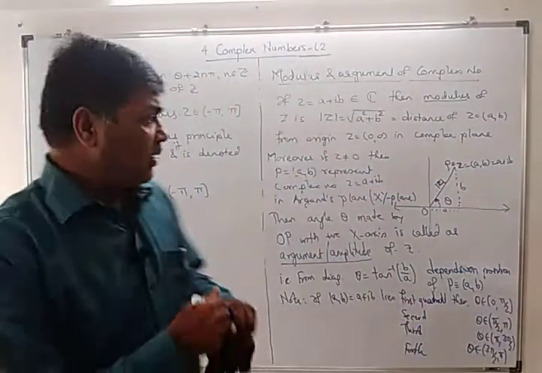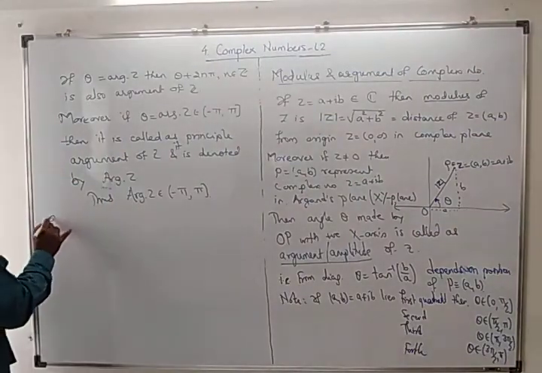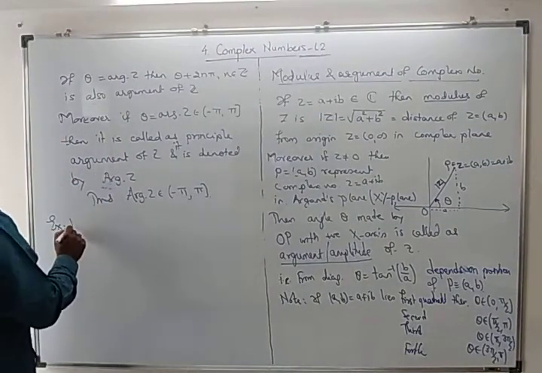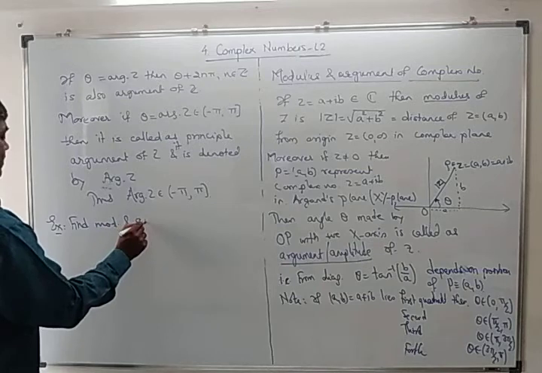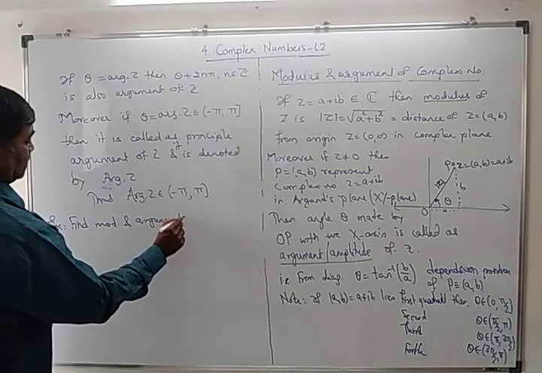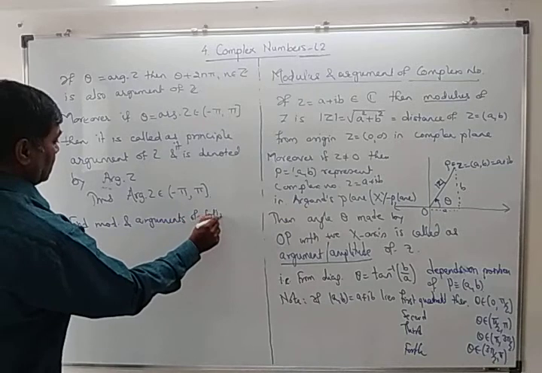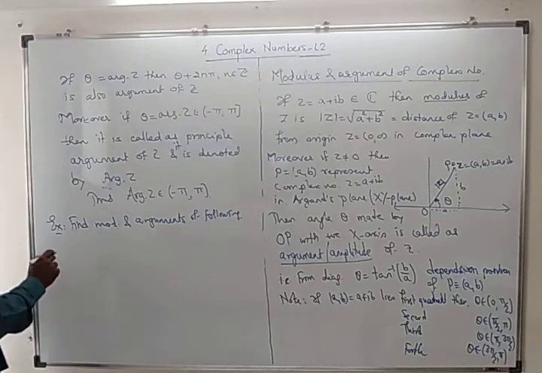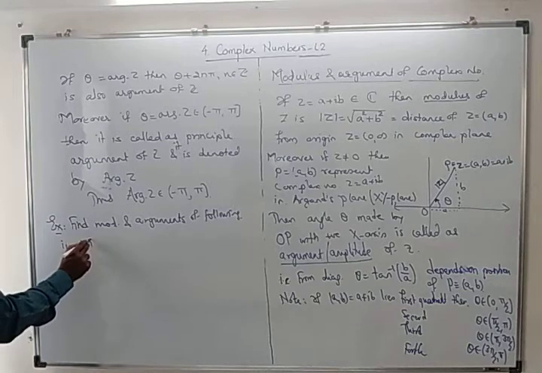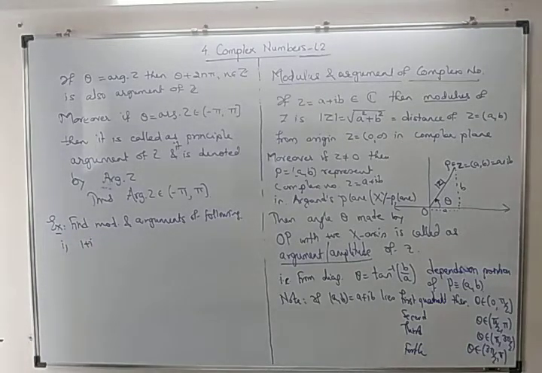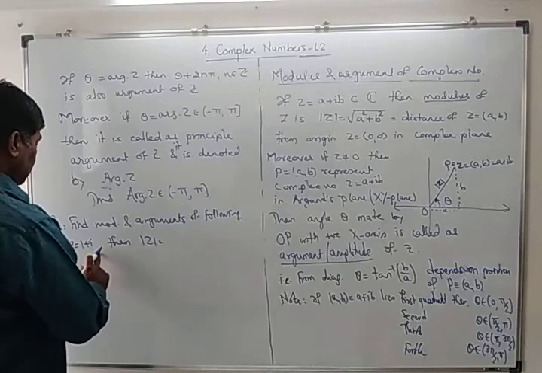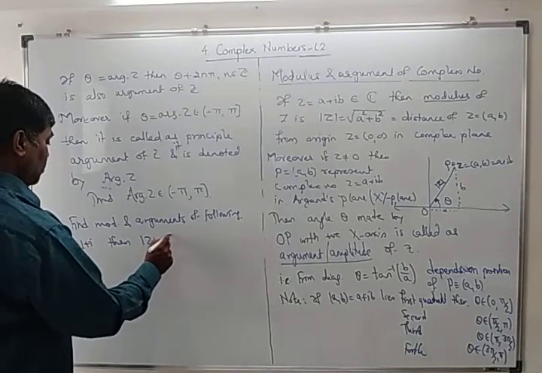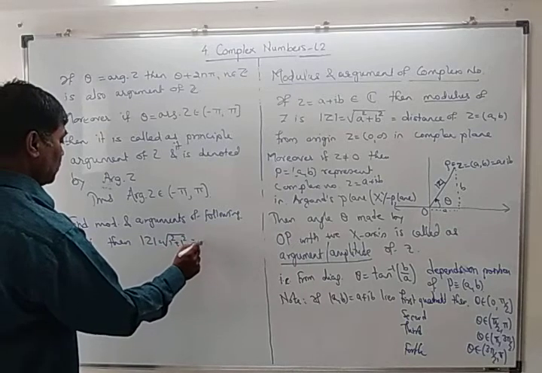We'll take an example. Find the modulus and arguments of the following. So first one, if I take 1 plus i, z equal to 1 plus i, then mod z is nothing but under root of 1 square plus 1 square, which is root 2.